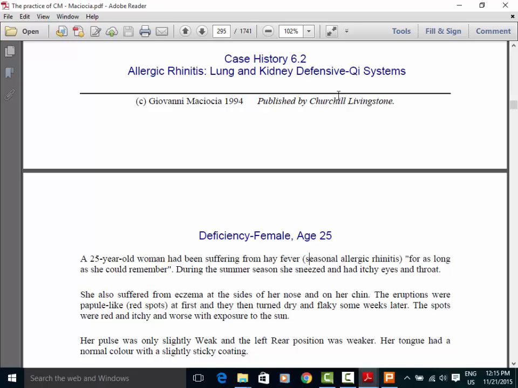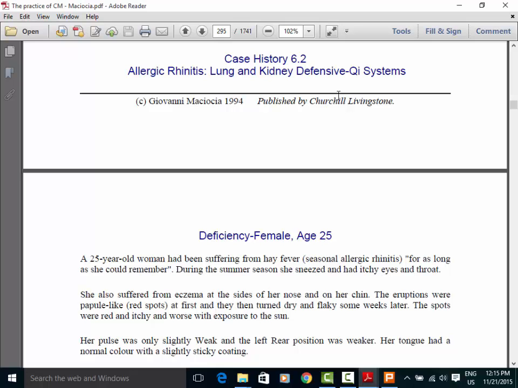It's more heat, excess. What did you write on your paper? Diagnosis. I didn't write it. Oh, okay. All right. No points. Kidney lung deficiency. Clearly lung deficiency, right?